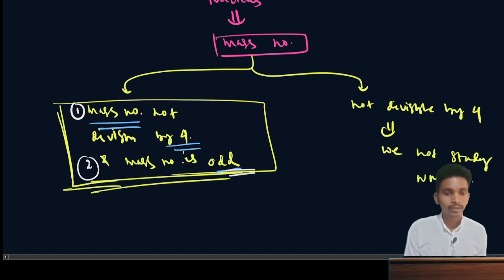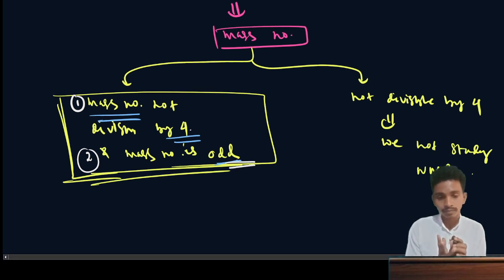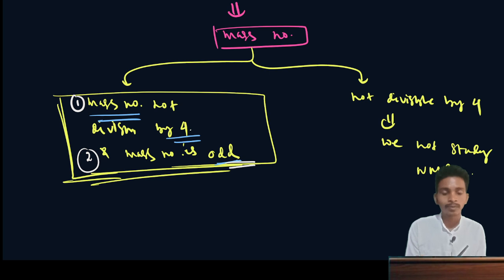So these are some basic introductions for all the NMRs. This is applicable for all NMRs, whether it may be 13C NMR, 1H proton NMR, chlorine NMR, or phosphorus NMR.